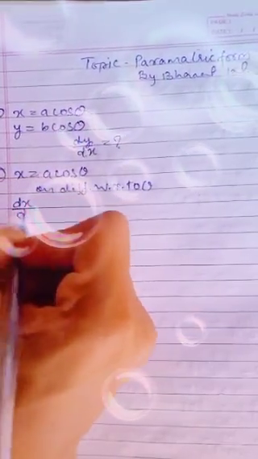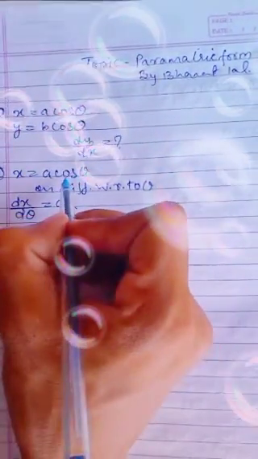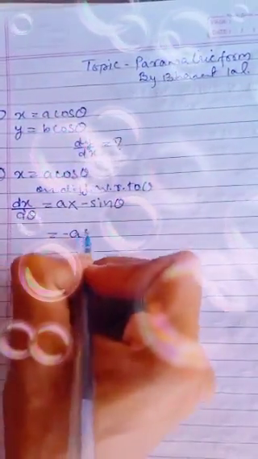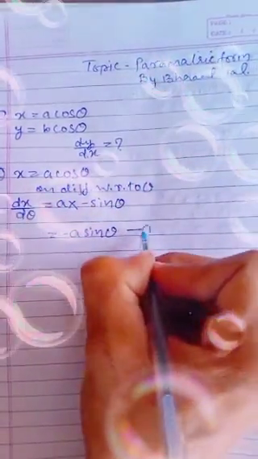So we can write dx over d theta is equal to a, which remains as it is because it is a constant, multiplied by the differentiation of cos theta, which is minus sin theta. So you can write minus a sin theta. This is equation number 1.